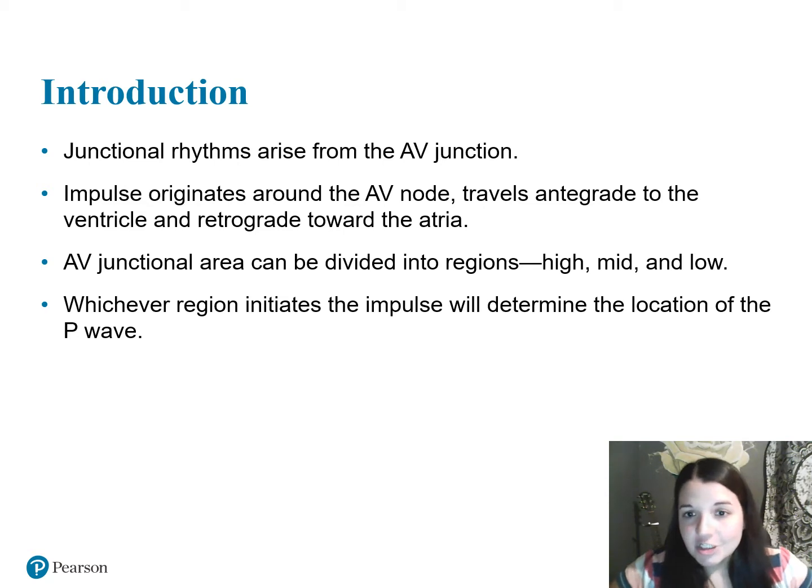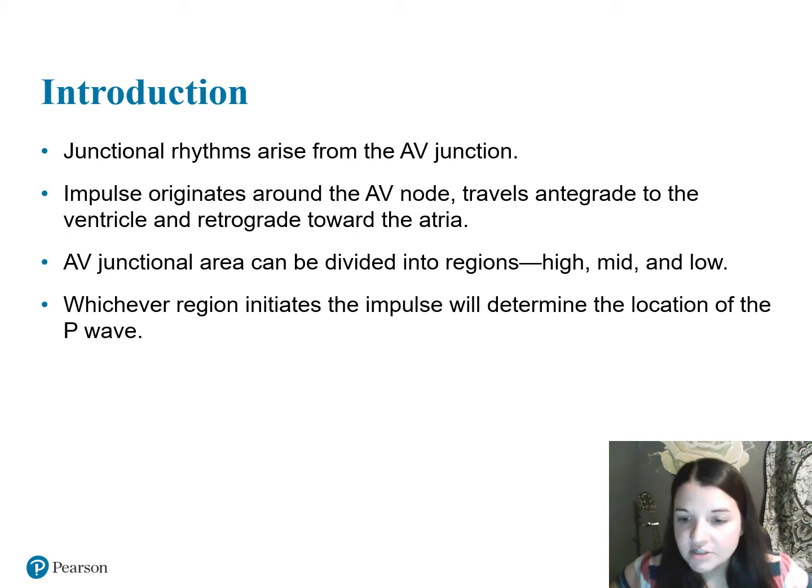And now we just learned that for my AV junction, whichever region initiates the impulse will determine the location of that P wave. So depending on where my P wave is on the rhythm will tell me what region of the AV node it is coming from: high, mid, or low. So your P waves are very important.